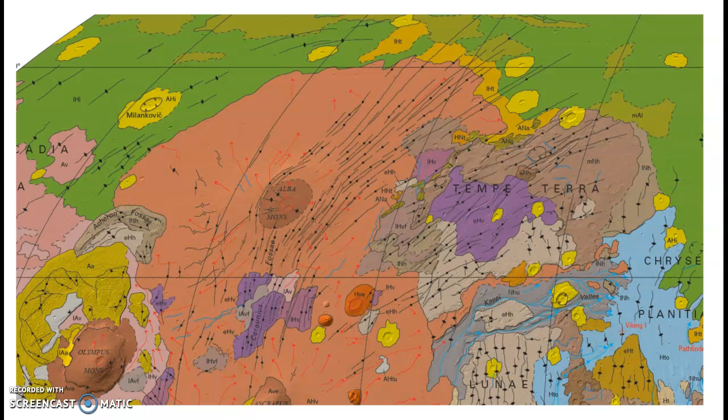So I zoomed in on part of that large scale geologic map. And you can see over here in the bottom left corner, there's Olympus Mons, that's in one color. There are craters that are in this lime kind of color. There's some blue over here and purples, and there are all these different colors, but some of the colors are used more than once.